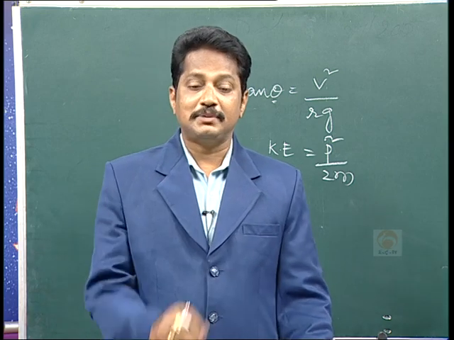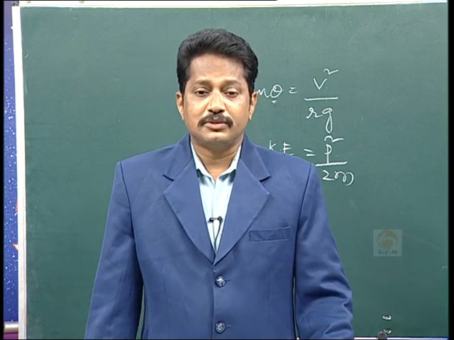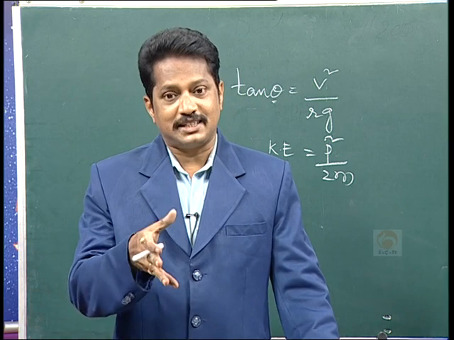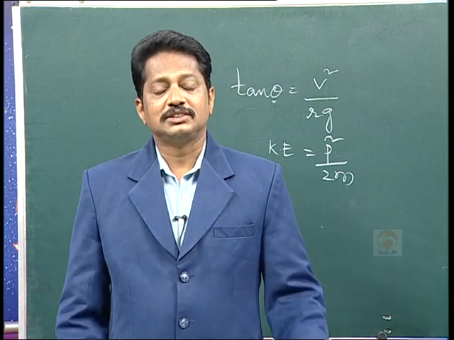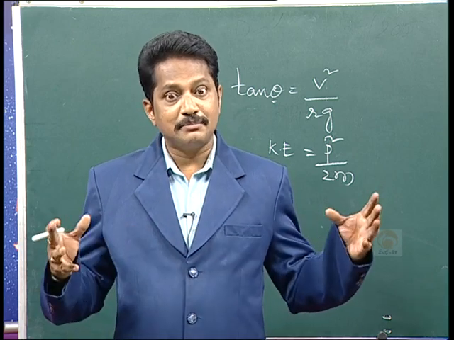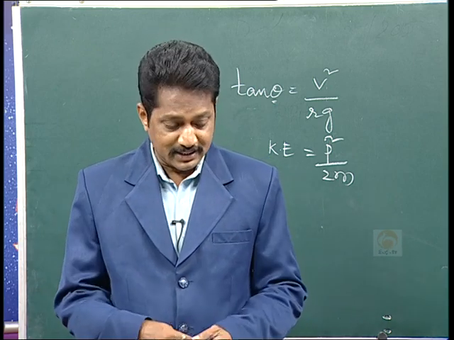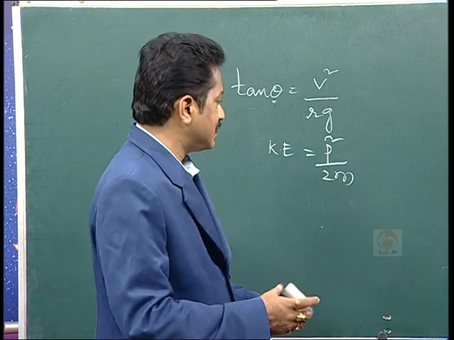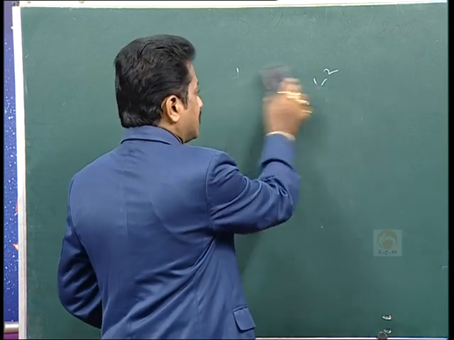One of the important applications of this vacuum concept: due to nuclear reactions, the sun releases energy. All of you know that is very important. I will write that equation also, see how it is.